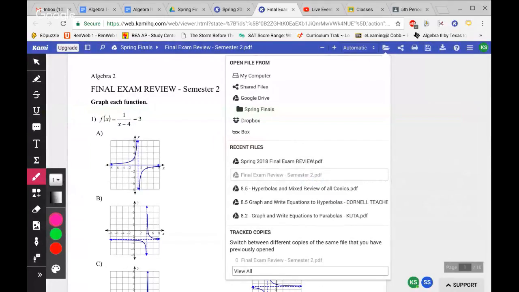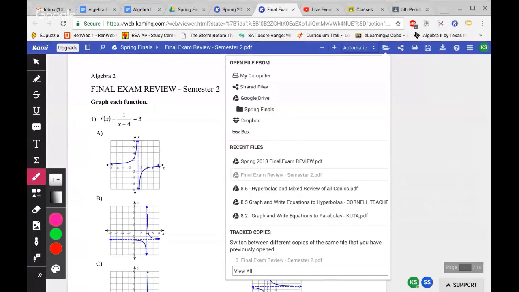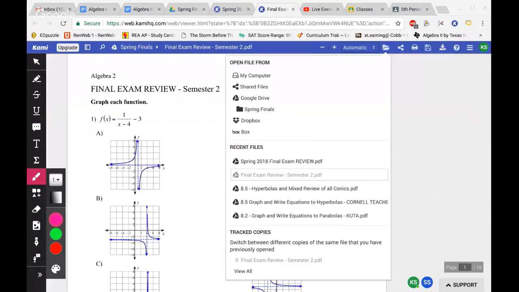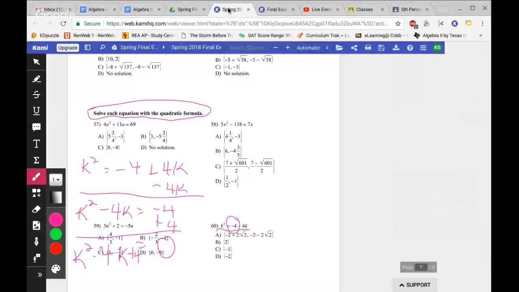Can y'all see this? Yes. Okay. I was switching to something else and it didn't look like it showed up. I'm running out of room when I write on it, so that's why I was trying to bring it to something else.